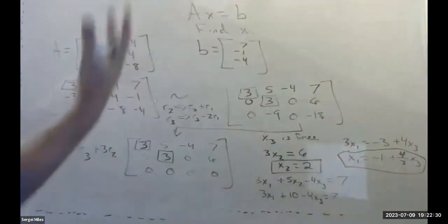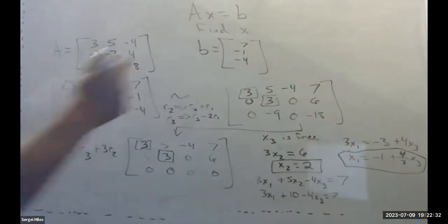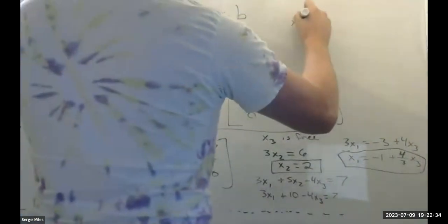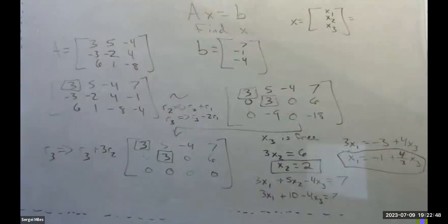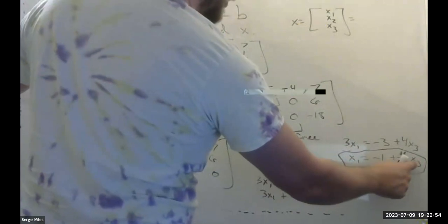So now we can write our answer in parametric vector form. X equals x1, x2, x3. Okay, what is x1? Well, x1 is this equation. And note, this equation, if you've done this correctly, when you're rewriting your pivots as an equation, only free variables will be in your answer.